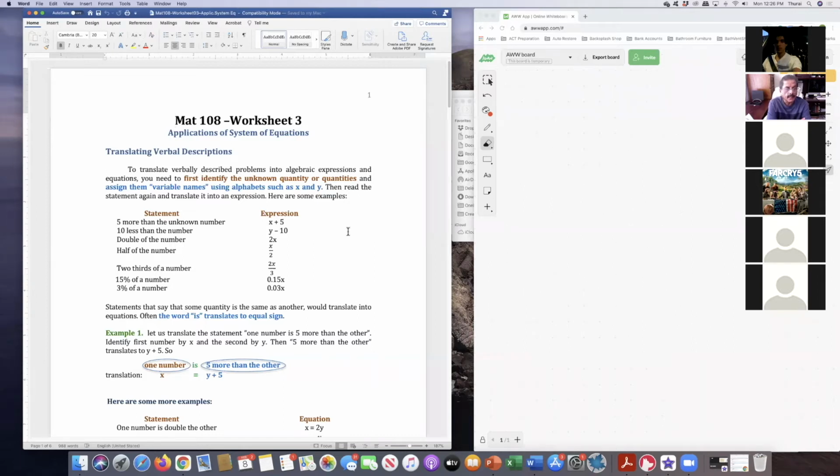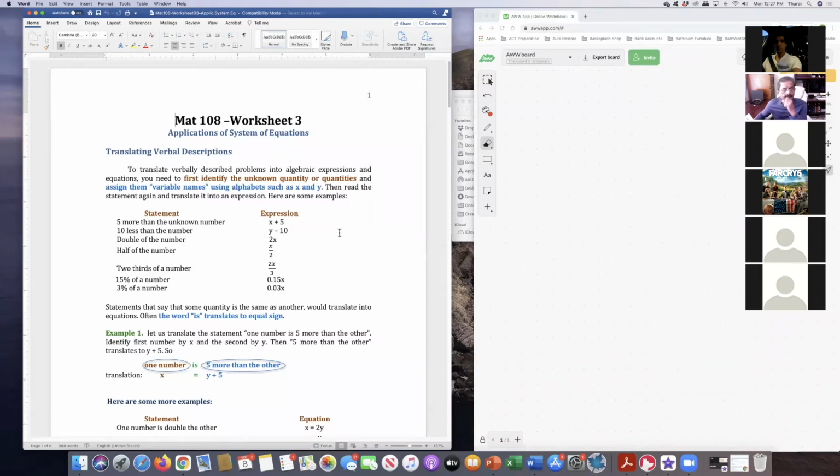To do an application problem, you have to read the words and identify the unknown quantities first. There are usually some unknown quantities that you need to determine the value of. When you identify them, you need to assign names to them, like X, Y. We usually use letters X, Y, Z for the unknown quantities.